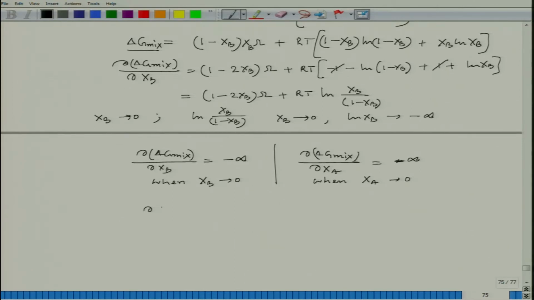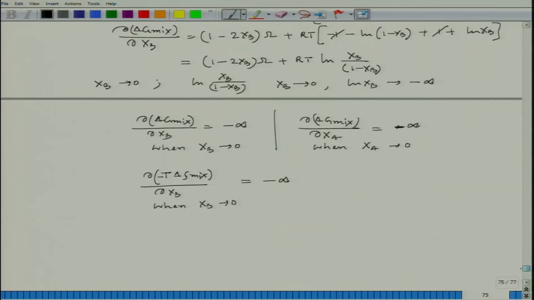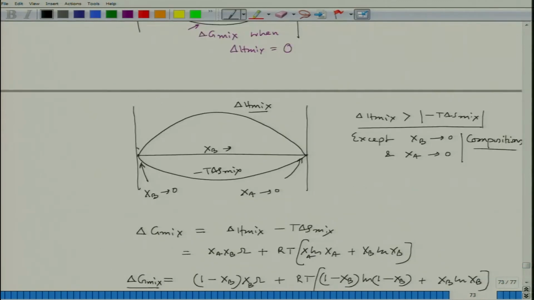Now, similarly, if I try to find the slope of −TΔS mix with respect to x_B when x_B tends to 0, it would also be minus infinity. Therefore, it is very clear that the slope around this point and around this point for this particular line, −TΔS mix, is minus infinity.